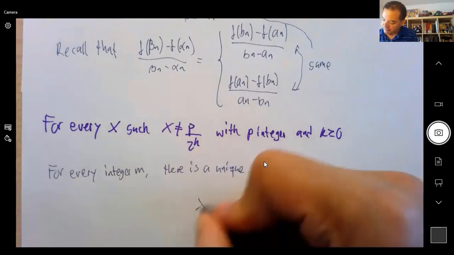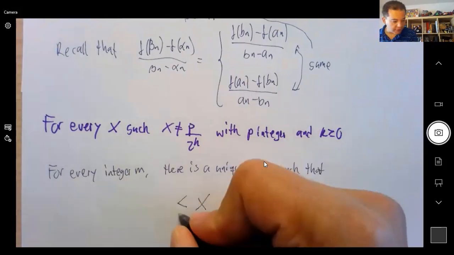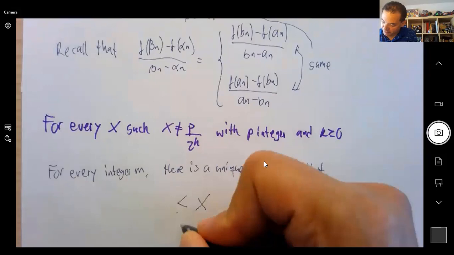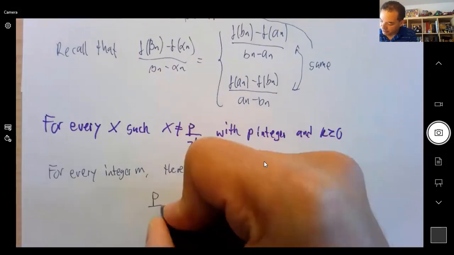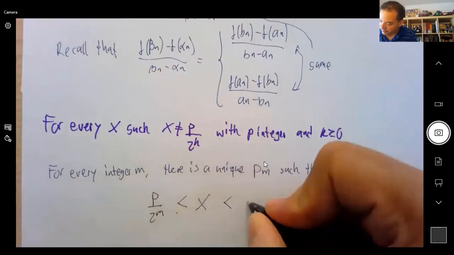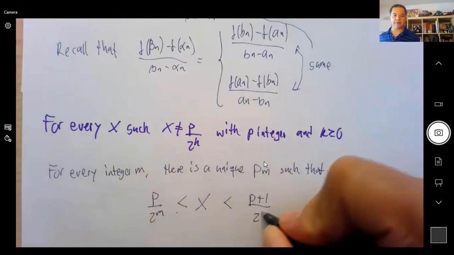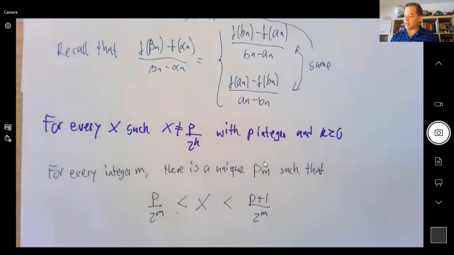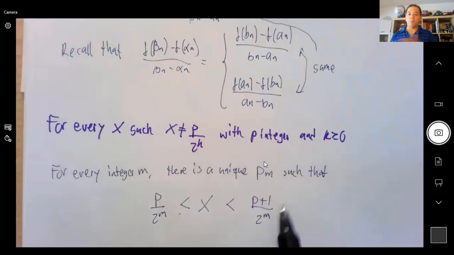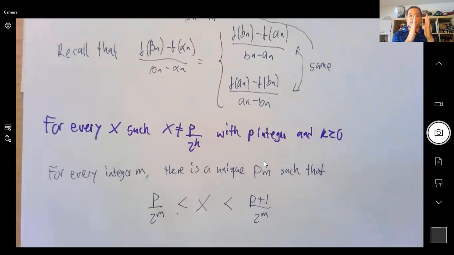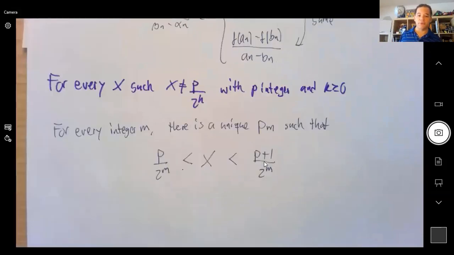You have your x, and x is bigger than p over 2 to the m, but smaller than p plus 1 over 2 to the m. Correct? Yeah, if the x is not one of these numbers, you must be able to capture it between two of them, right? Doesn't matter what your x is. You should be able to pinpoint it between two of these.